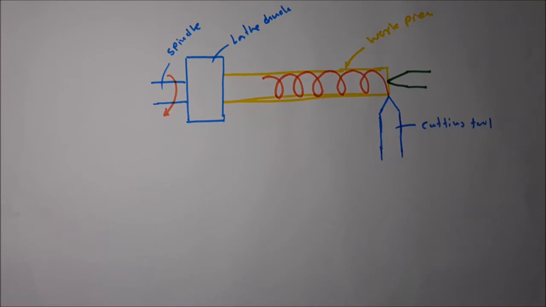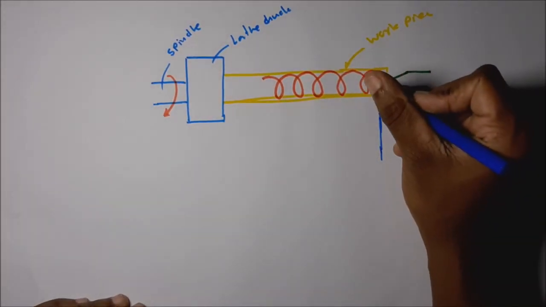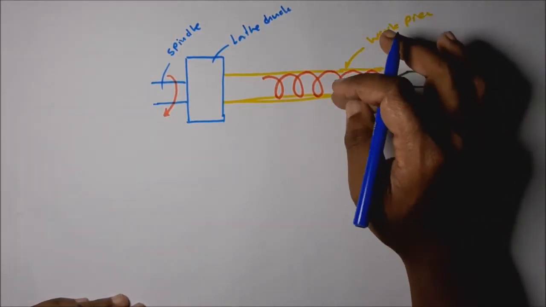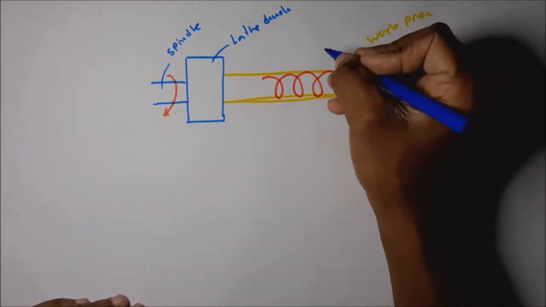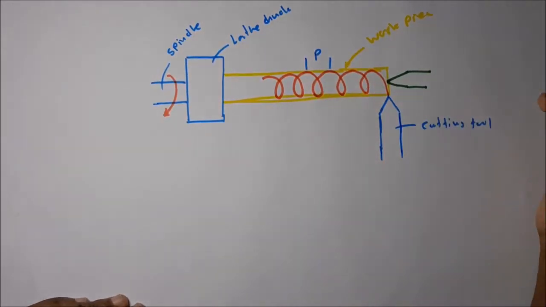In the thread cutting process, the relative movement of the cutting tool tip with respect to the workpiece should be this helical path. According to the pitch we are cutting, it should have this pitch value. Okay, see the pitch value.